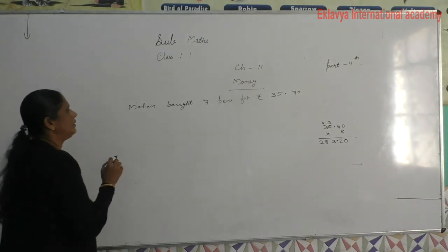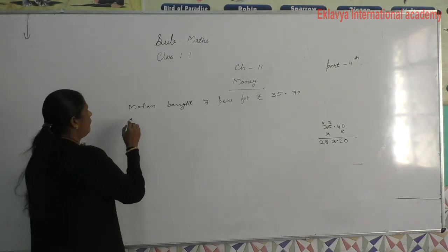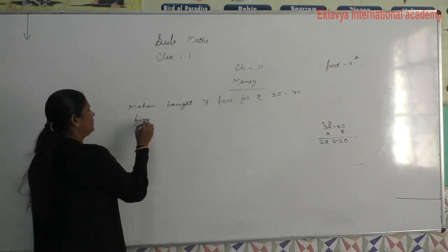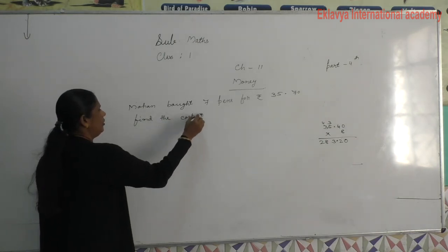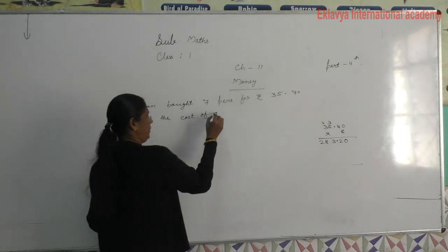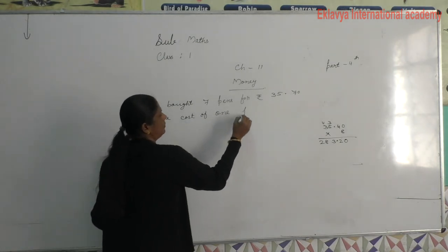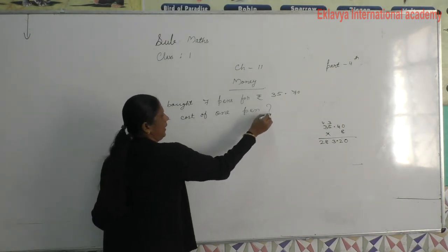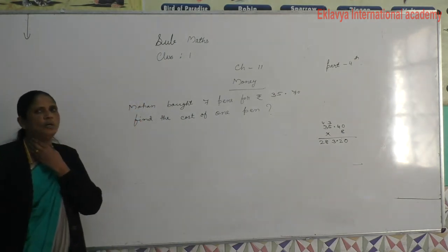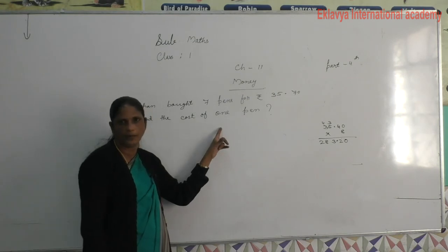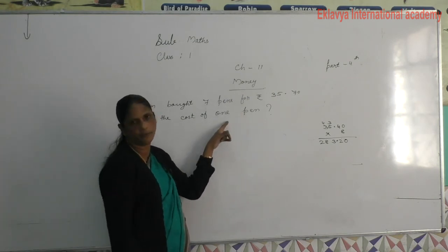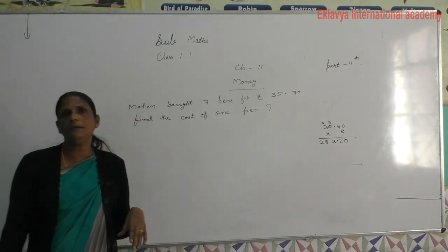Then find the cost of 1 pen. Find the cost of 1. Many given, 1 to find. This is division.